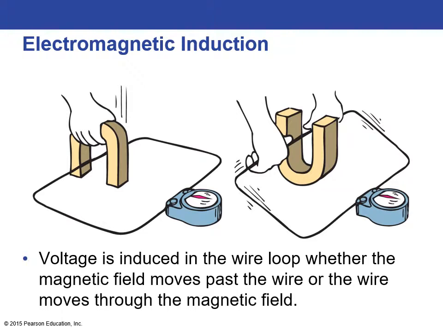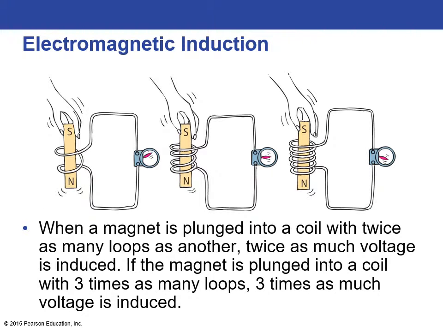Voltage will be induced in the wire loop, whether the magnetic field moves past the wire or the wire moves past the magnetic field. So you can move the magnet up and down, or you can move the wire up and down. And really, you're doing the same exact thing. Either way, you're going to induce the voltage and induce the current to move through the wire, whether the wire is moving or whether the magnet's moving.